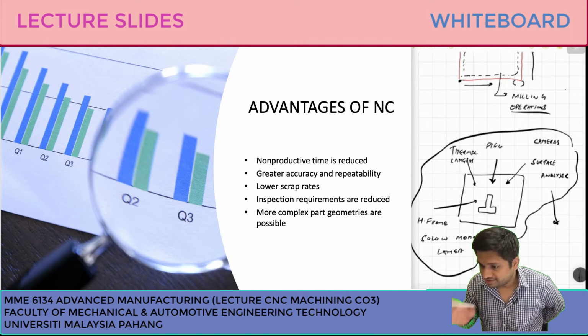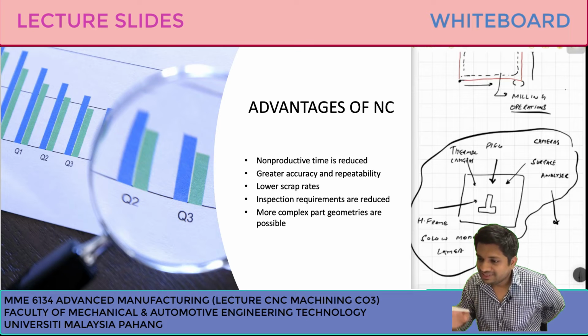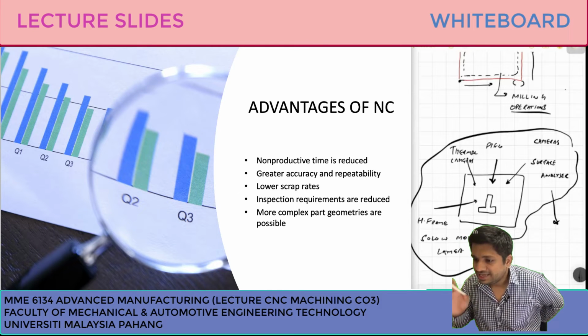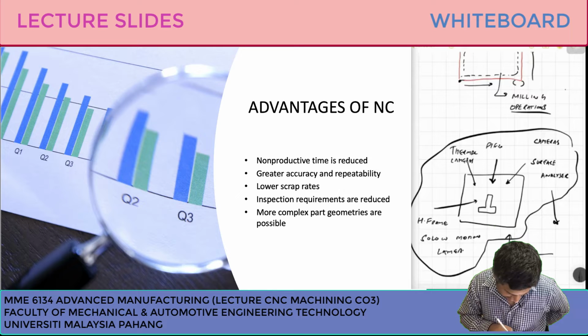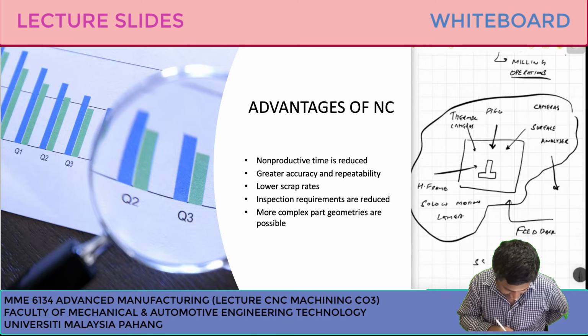So now the current research in universities, the PhD that you guys are going to do is based on the fact that there will be some sensor that will be attached, and that sensor will give feedback so that the system corrects itself automatically.